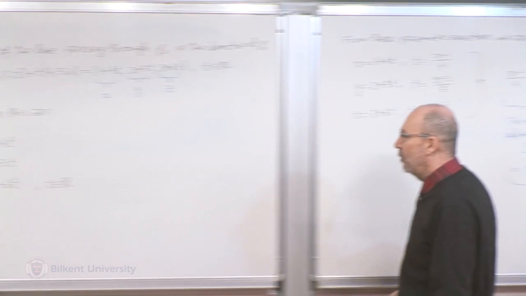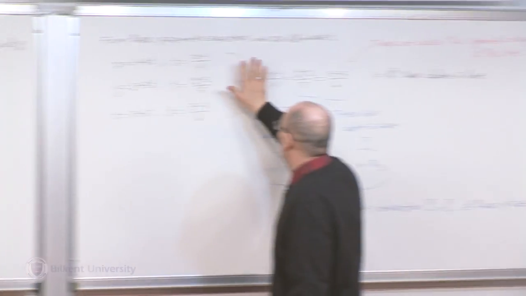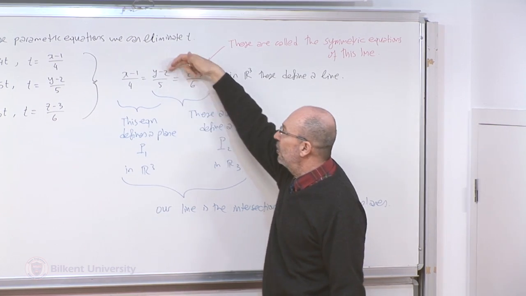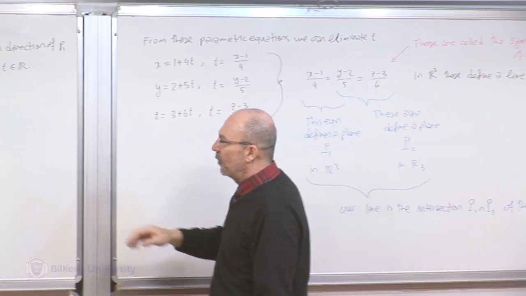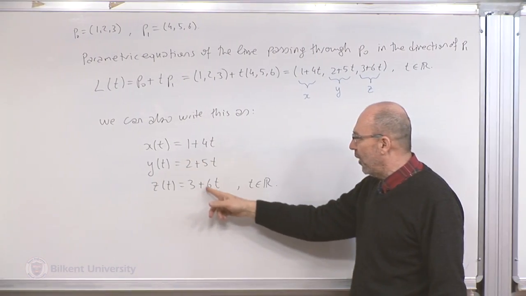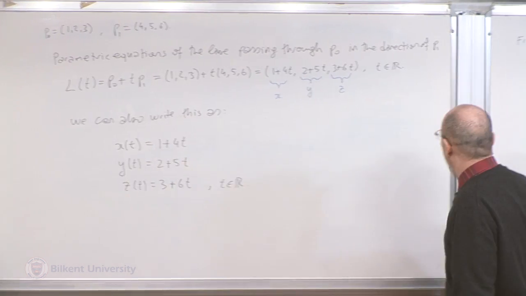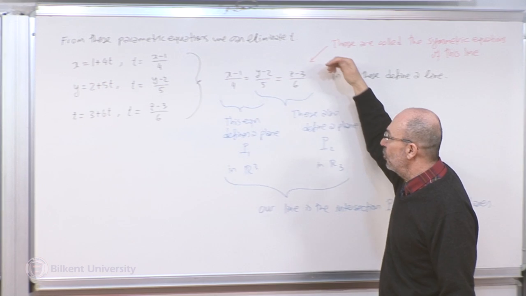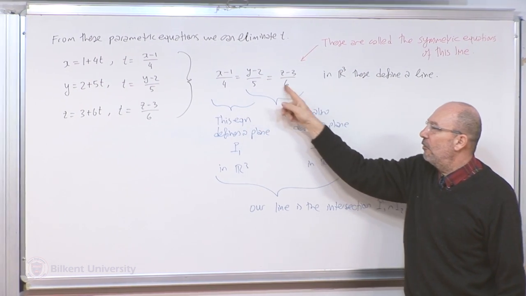You can read that information from here, and in the symmetric equations it is given here, 1, 2, 3. And this line is parallel to this vector, as we know from the parametric equations. We read that information also here: this line is parallel to the vector given here.